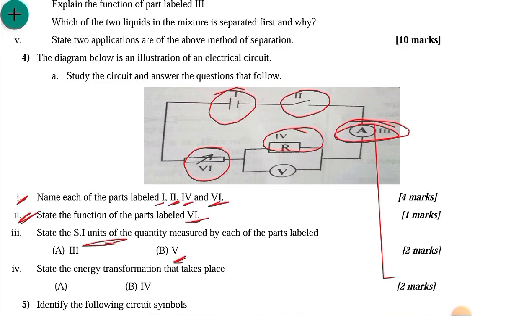Then IV is a voltmeter. The unit for measuring voltage or potential difference is volts. Now IV, it says state the energy transformation that takes place in A. So in A, nothing is actually mentioned.